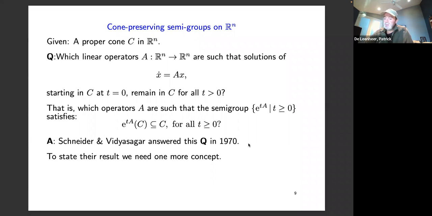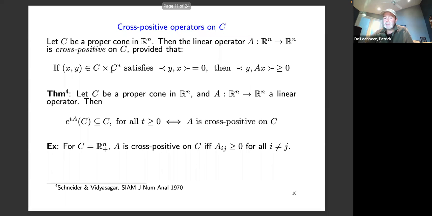Schneider and Vidyasagar actually considered this question in 1970. And I'll state the result in a moment, but I have to introduce one more concept, and that concept is that of a cross-positive operator, given the cone C. So we say that an operator is cross-positive if whenever I pick a pair x and y, x in the cone and y in the dual cone, C star, and x and y are actually orthogonal, that's what this expression says, then the inner product of y with A times x is non-negative.